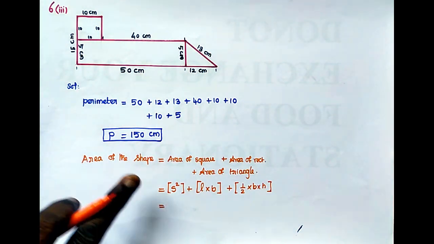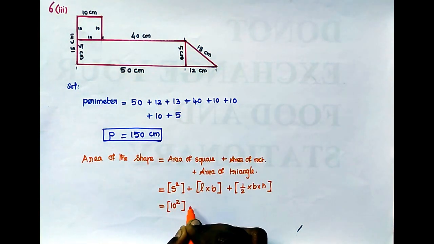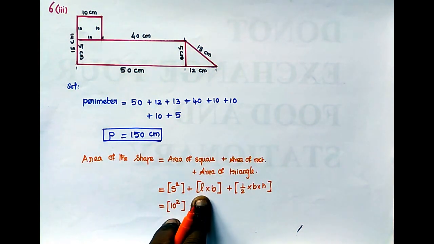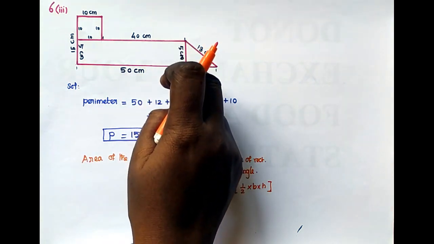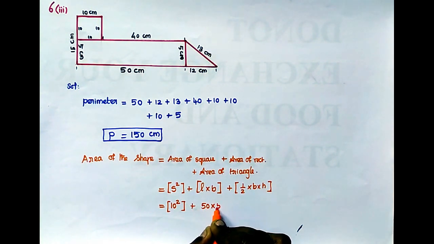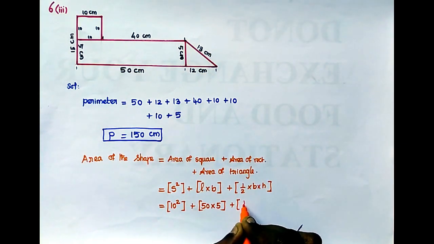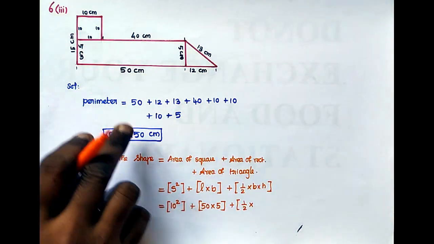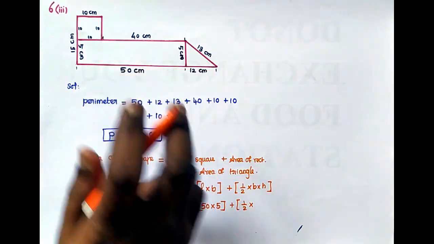Here S is 10. So 10 squared, plus what is L? 50 and B is 5. So 50 into 5, that is area of rectangle, plus half into, in this triangle base is 5 and height is 12.